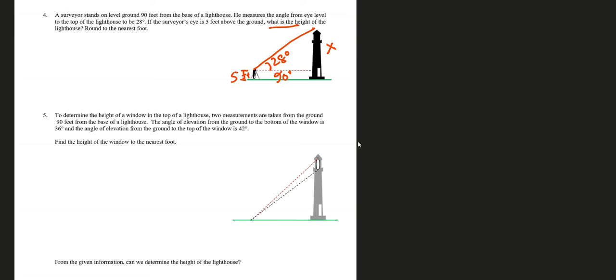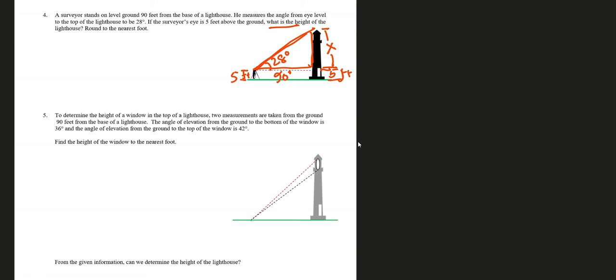We need to find this distance. We are saying this is x. We already know this is 5 feet. Okay, so we can form a right triangle right here. This is the adjacent, hypotenuse, and opposite.